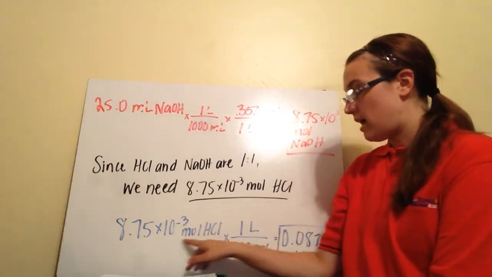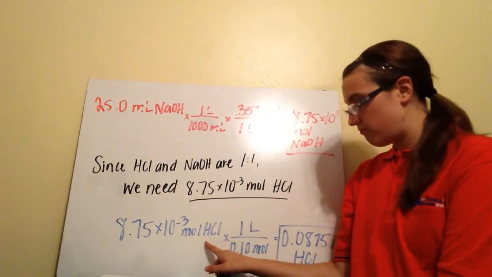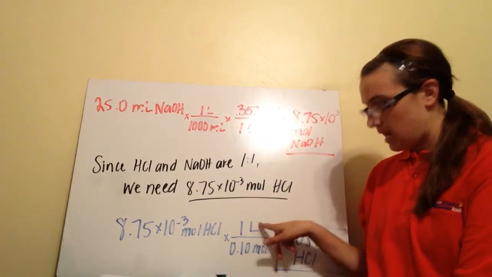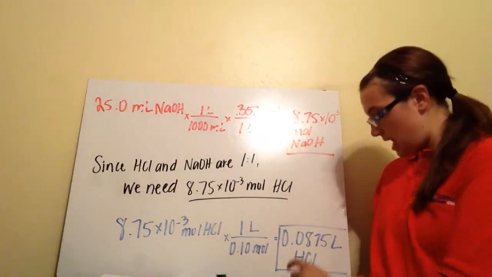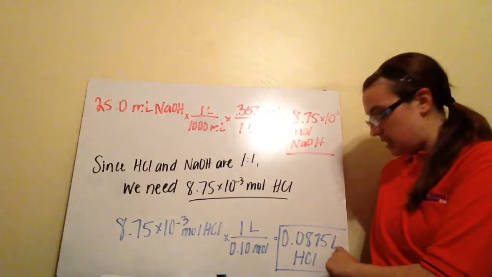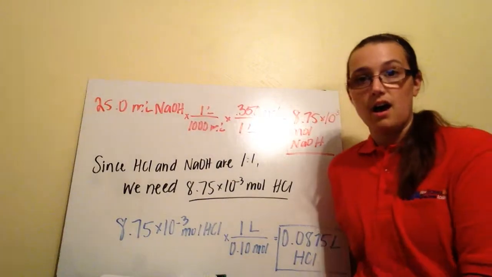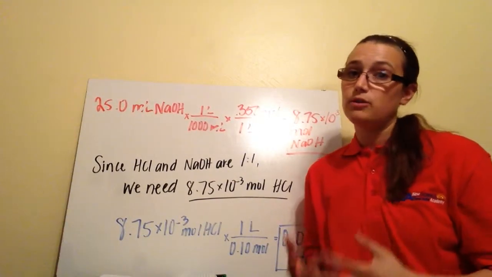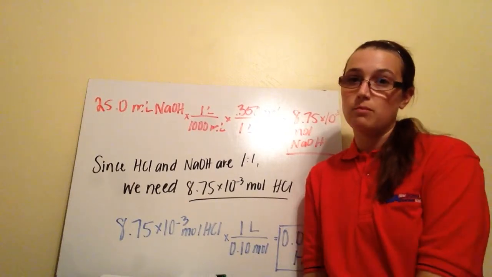I take my moles of HCl, I use my molarity, for every 0.10 moles, I have 1 liter of solution, and I find that I then need 0.0875 liters of HCl.